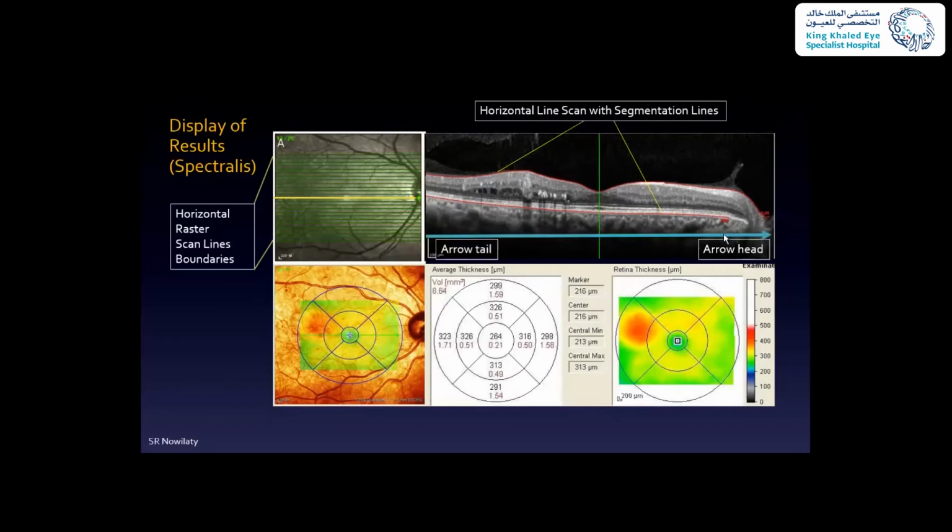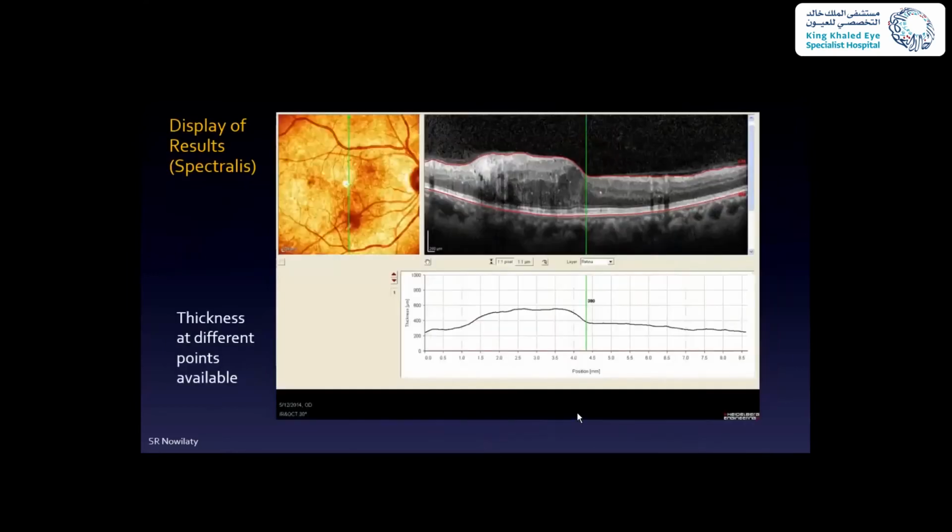In addition, it's going to show you the thickness map on top of this SLO image, which is repeated right there, and it is going to give you the different volumes and thicknesses of each subfield. This is how we read it. Now the Heidelberg can also display the thicknesses at each specific point. You can generate a thickness graph.